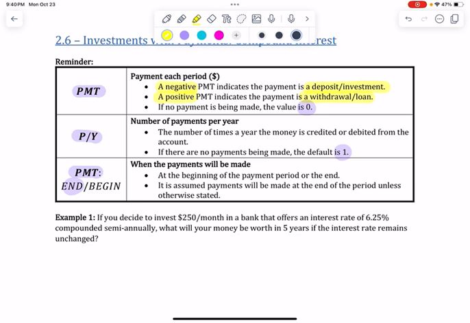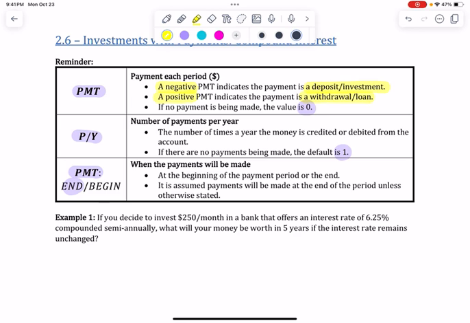Lastly, for the PMT at the end part of my TVM values, I will continue under the assumption that the input value there is end, unless it explicitly states that my payments are made at the beginning of the indicated time period.